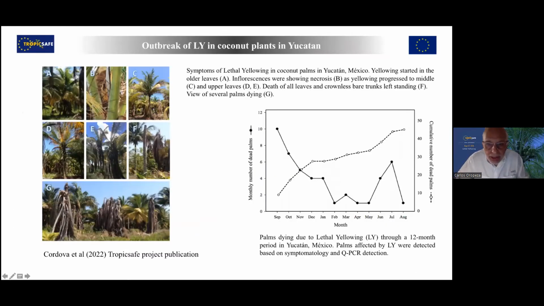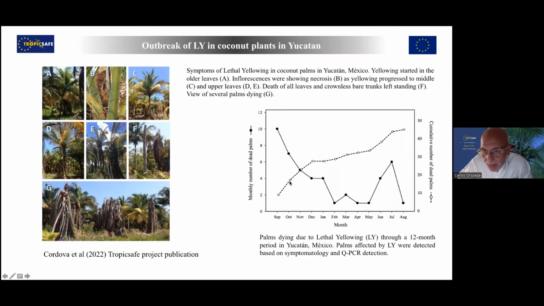One of the cases was very interesting. This was related with coconut. This is a site in the north of Yucatan where the plot contained a segregating population, hybrid by hybrid cross, and the very susceptible Atlantic tall variety.